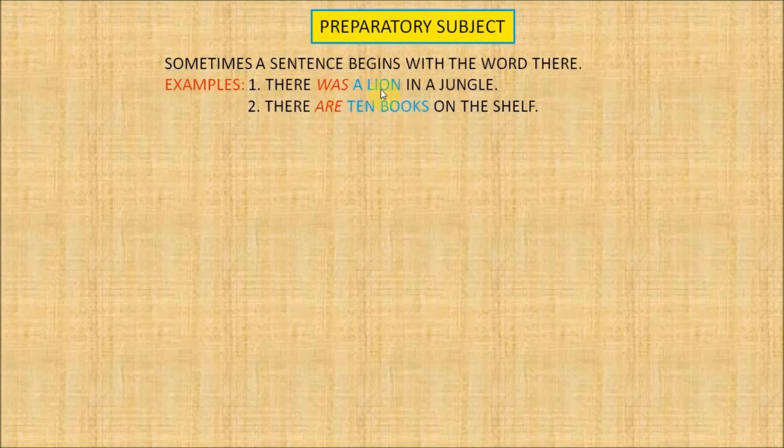And in both these sentences, the subject is placed after the verb, was lion, are 10 books, and the word there is used as an introductory or preparatory subject. In example number 1, since the subject lion is singular in number, therefore was is used. And in example 2, since the subject 10 books is plural in number, therefore the verb is also used in the plural.